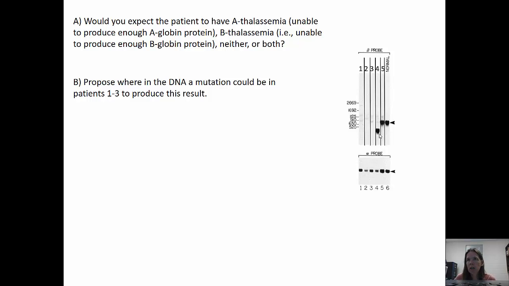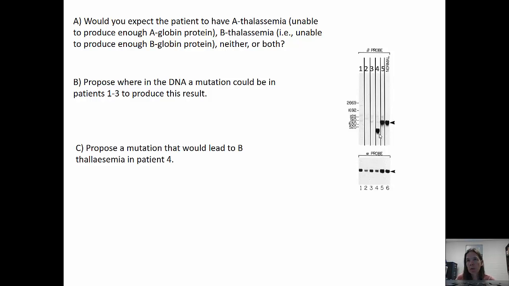So these could be things like a mutation in the promoter region, maybe a mutation in an enhancer, or in another protein that would perhaps condense the DNA, so maybe something that causes DNA methylation, or something that affects the acetylation or deacetylation of the gene, so the HDACs and the HATs.